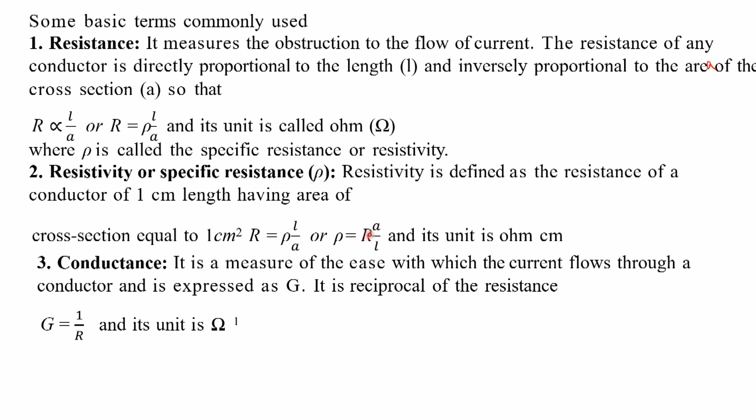If we take rho to this side and L and A to the other side, we get rho is R times A by L, and its unit is ohm centimeter, because the unit of R is ohm, the unit of A, area of cross section, is centimeter raised to the 2, and the unit of length is centimeter.